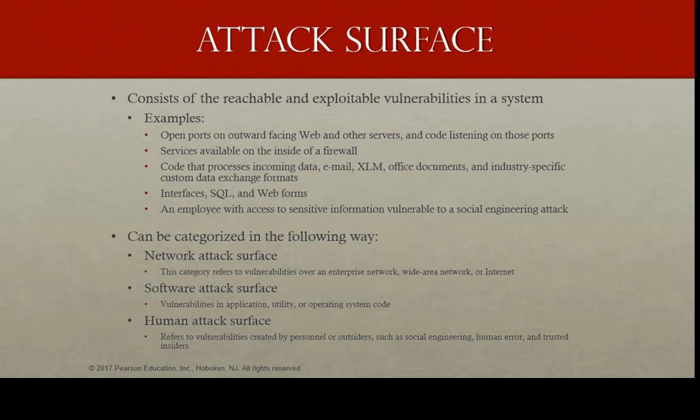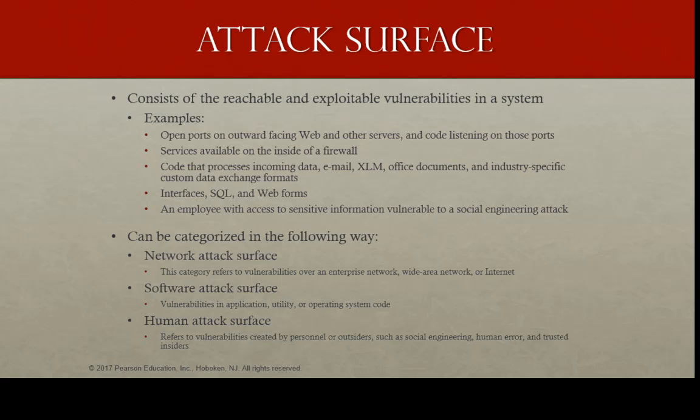Attack surface. An attack surface consists of the reachable and exploitable vulnerabilities in a system. Examples of attack surfaces are the following: open ports on outward-facing web and other servers, and code listening on those ports. Services available on the inside of a firewall.